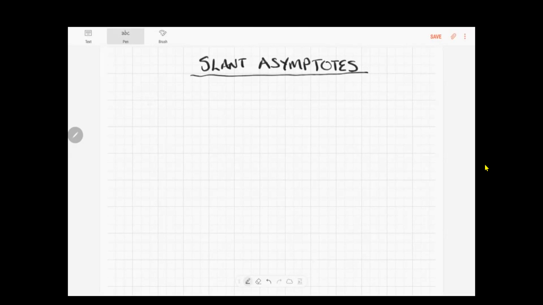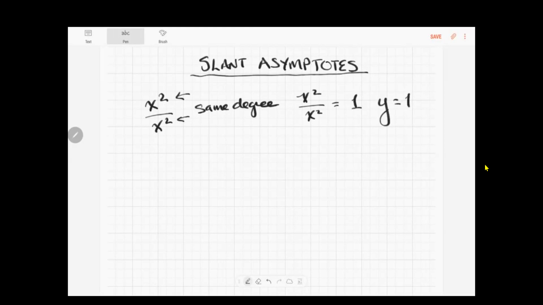So we had one condition where the numerator and the denominator are the same degree. If you just think about that, x squared over x squared, those cancel out and that equals 1, right? So we get y equals 1 there.